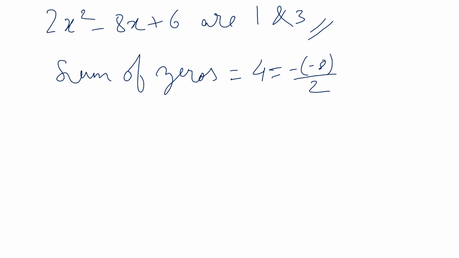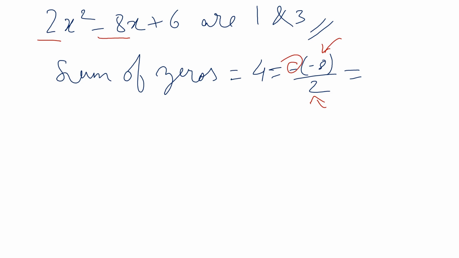Now on observation, what we can say is minus 8 here is nothing but the coefficient of x, right? And 2 here is nothing but the coefficient of x square, with the negative sign outside.